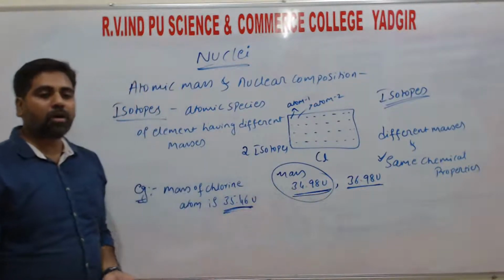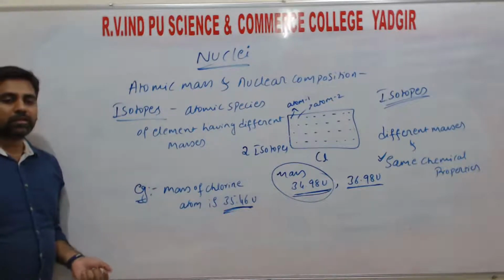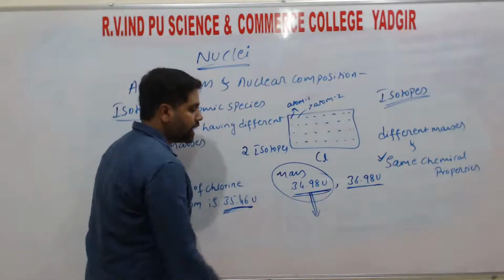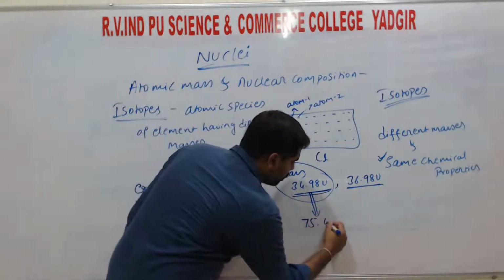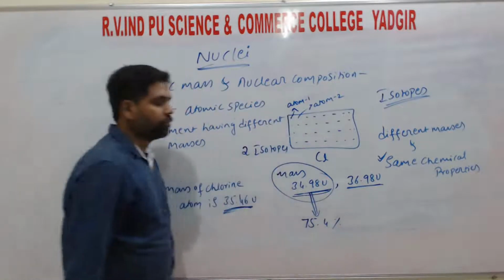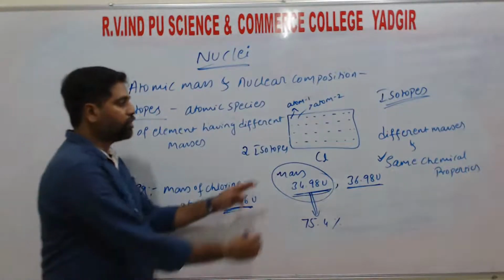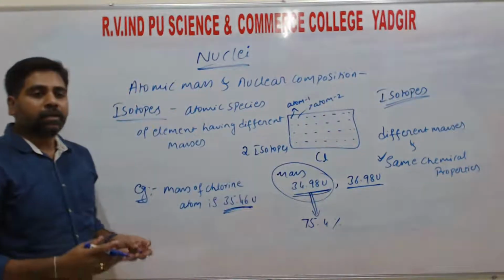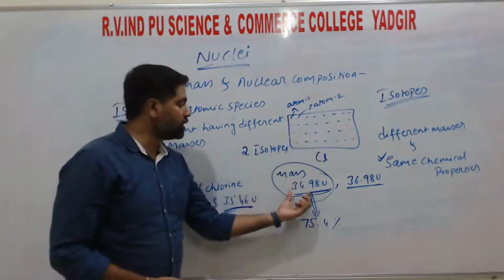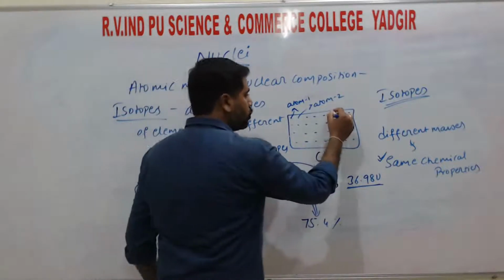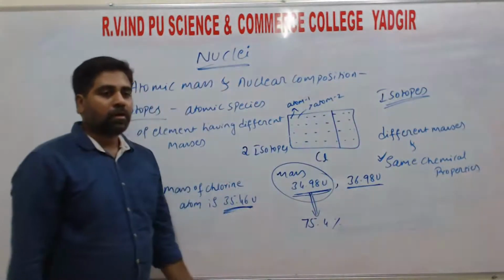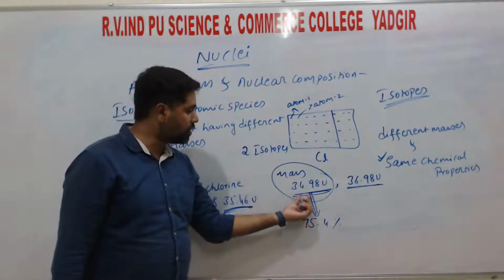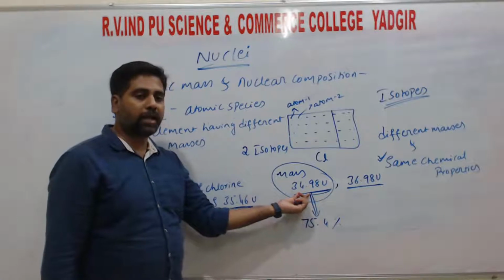Now how much quantity of the atoms present have the mass 34.98? That is the relative abundance of the atoms in chlorine having the mass 34.98, which is 75.4%, right? So here we have a number of atoms, and out of these atoms, how much percentage has this mass? Out of 100%, 75% of atoms have the mass 34.98, right?